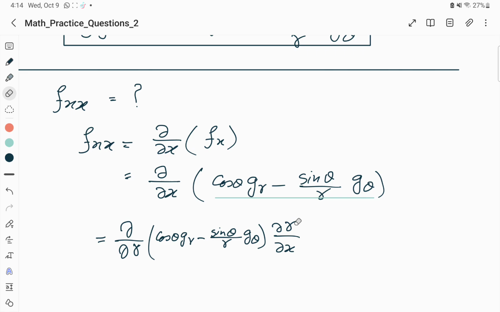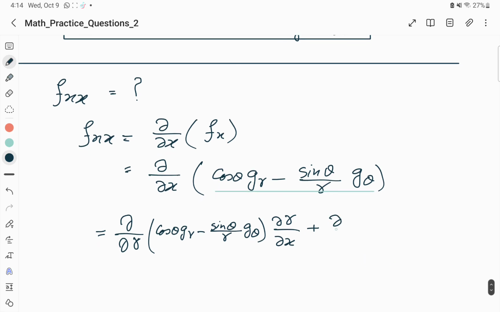You can notice this is the chain rule because partial r cancelled. It is essentially the same, partial over partial x from here. But we don't stop here, we take the second option as well, because the function is also depending upon theta. So here I will be taking the derivative of the expression with respect to theta as well. So that will be cos theta g_r negative sin theta over r g_theta, and then to make it compatible with the chain rule, I have to take the derivative of theta with respect to x. It is again the same thing because this partial theta cancels. It is the same, partial over partial x.